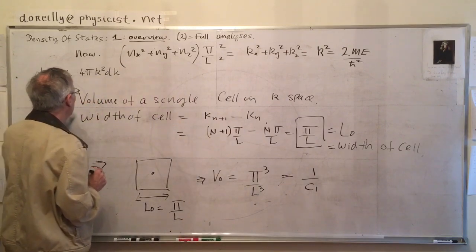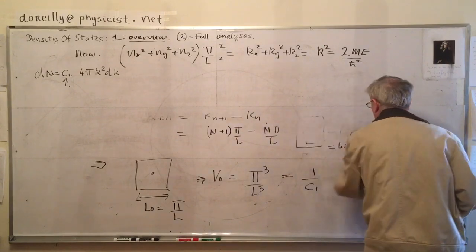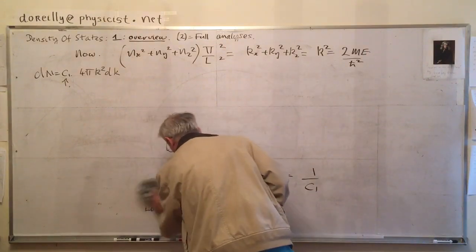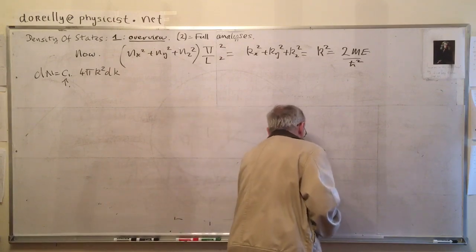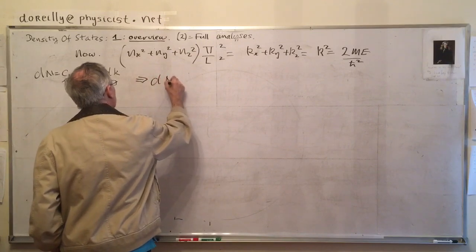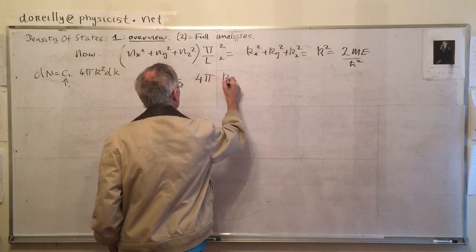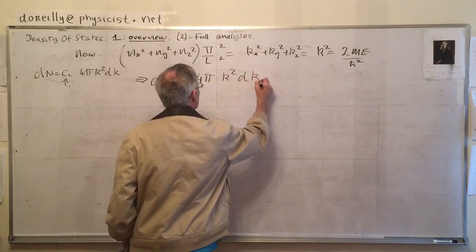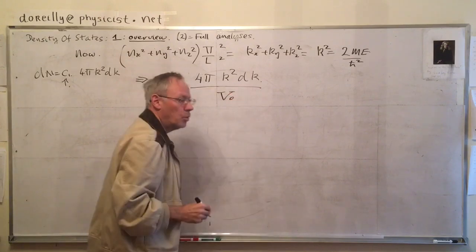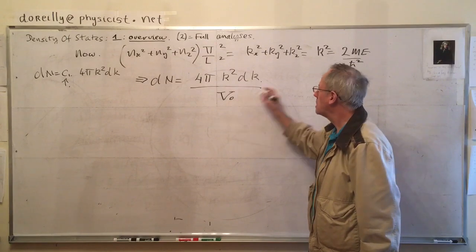So now we can write down what our dn is. It's the volume of our shell divided by the volume of a single cell.